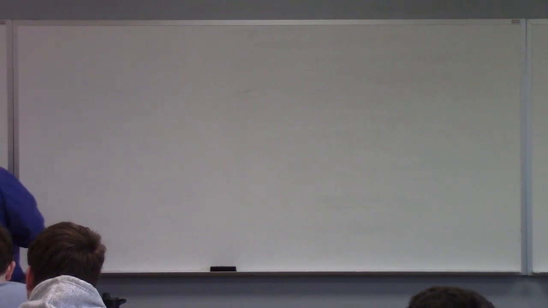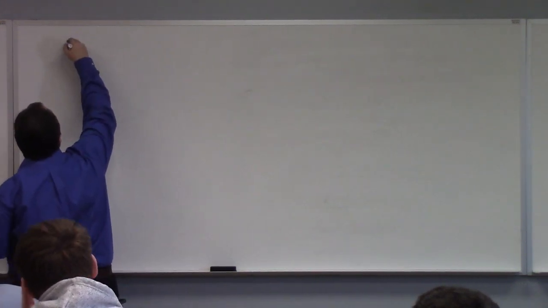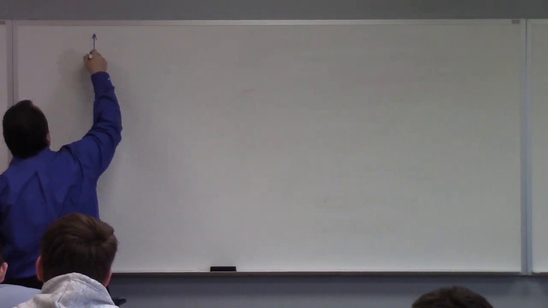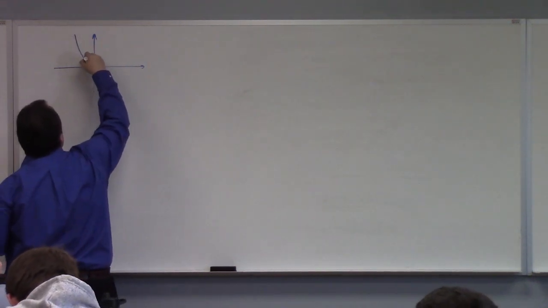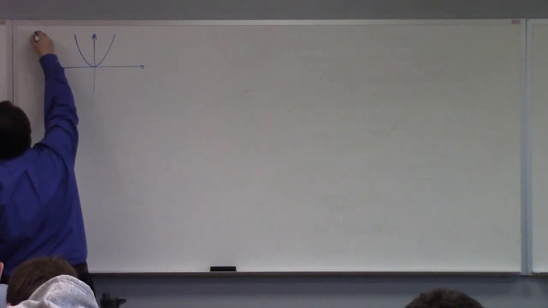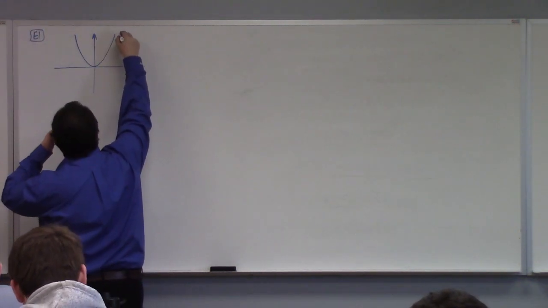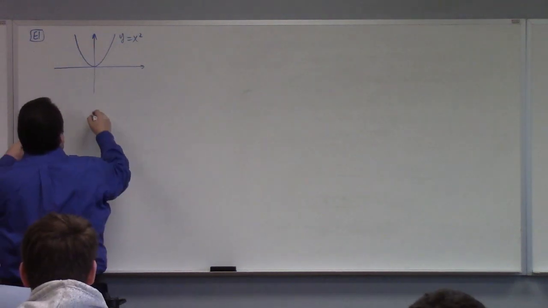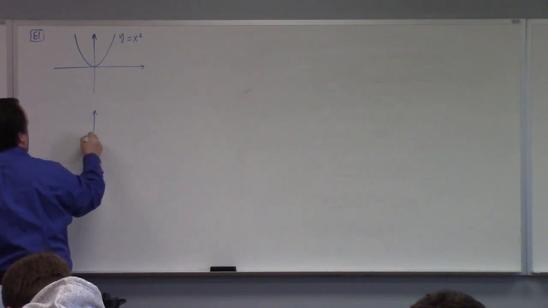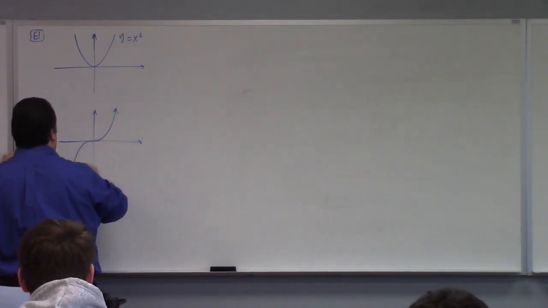So I think it's helpful to graph, maybe start with example 1. Graphically, I'm going to graph the function in blue. This is example 1: y equals x squared. Next I'm going to graph the cube, which is something kind of like that.